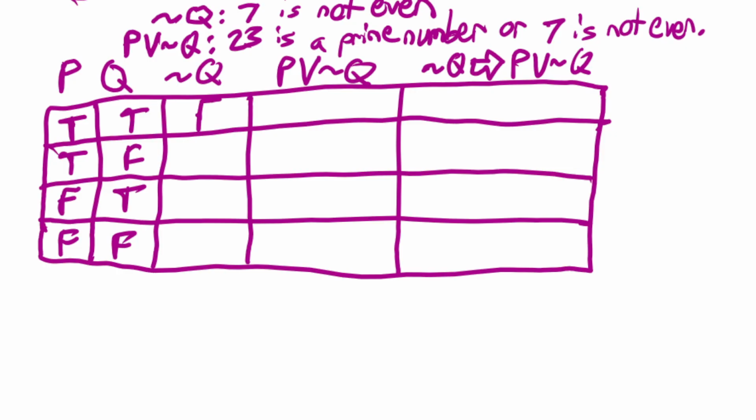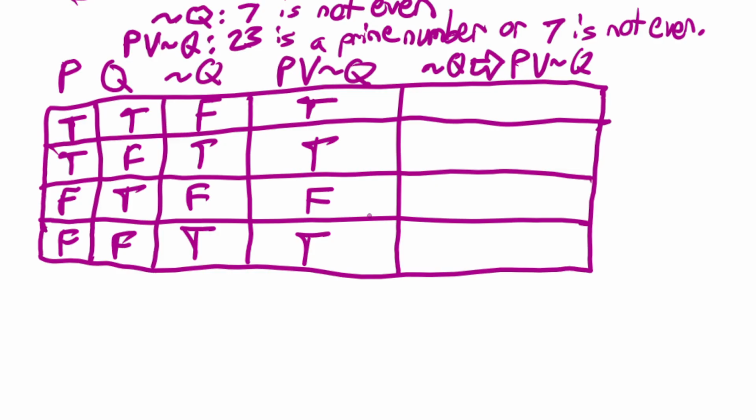Then not Q is the opposite truth value. Then we have P or not Q. Well, that's only false when both P and not Q are false. And then let's look at the implication that's being made here. So remember, an implication is only false when the statement on the left is true and the one on the right is false.